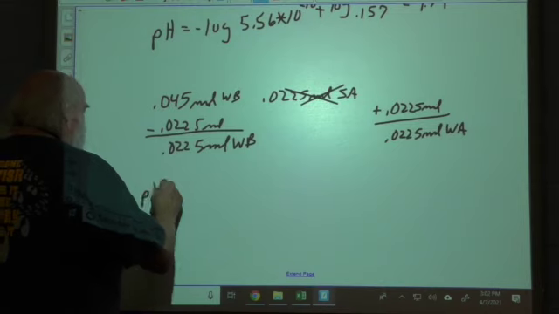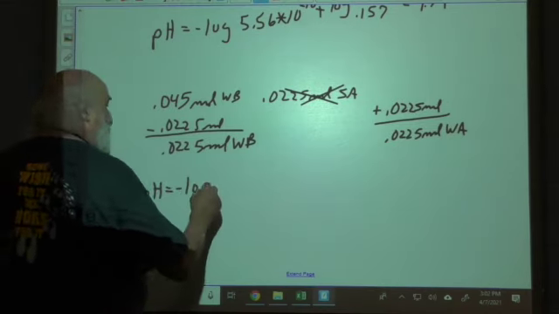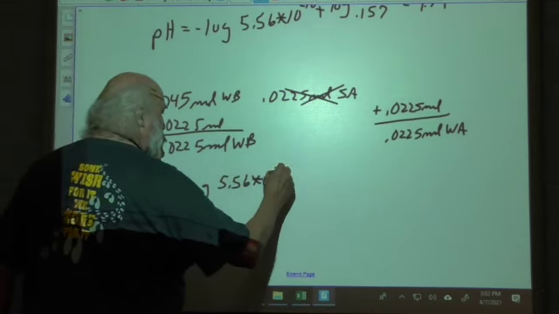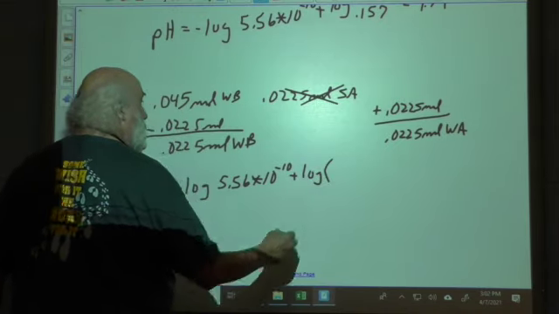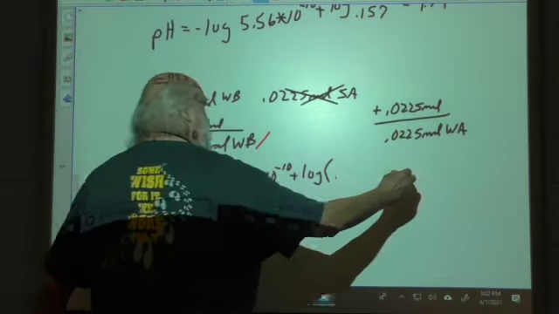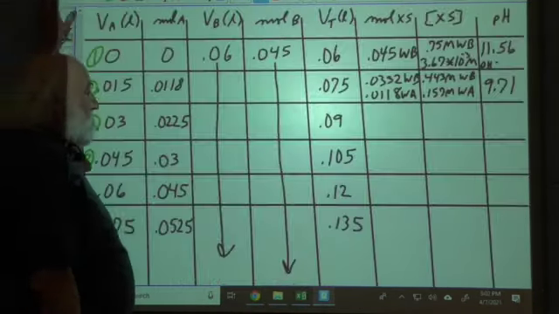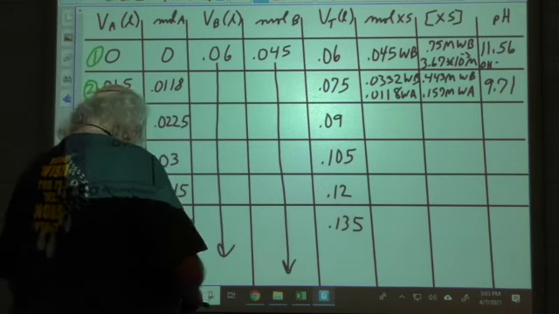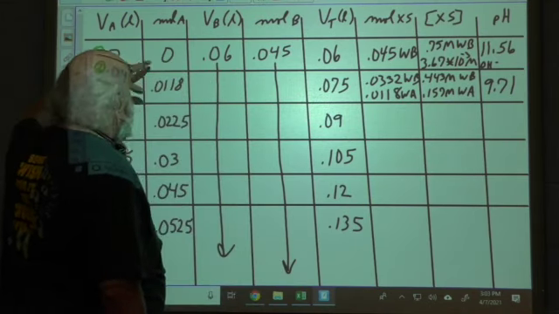pH is equal to negative log of 5.56 times 10 to the negative 10 plus the log of, well, we're going to divide these by the total volume. So let's go over here. It's 0.09 liter. Oh, we probably should put those in there, shouldn't we? We'll come back and do this over. 0.09.